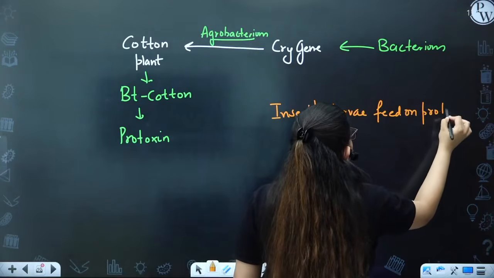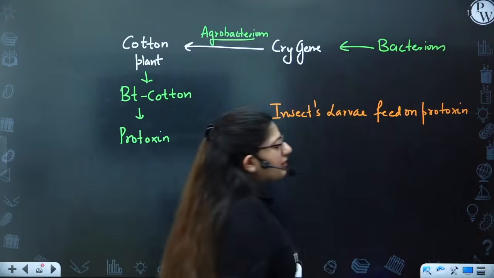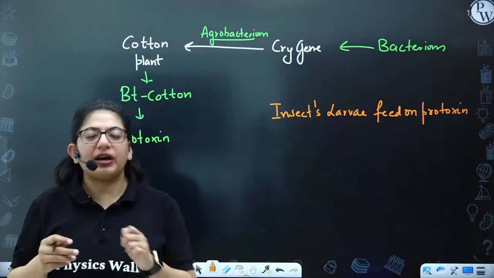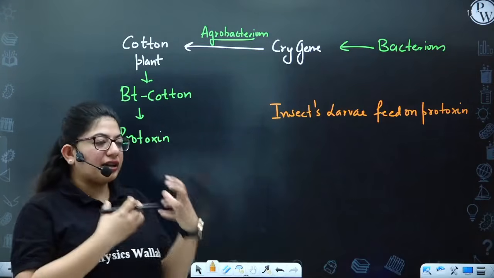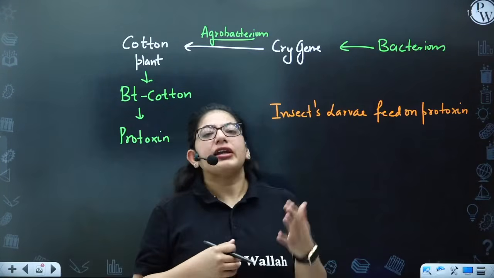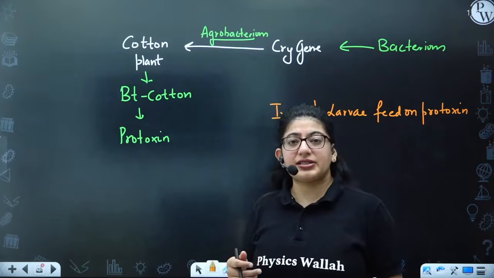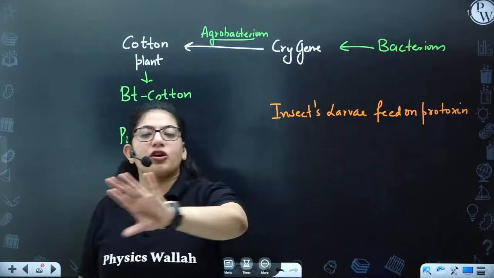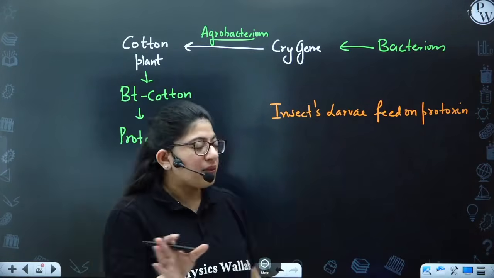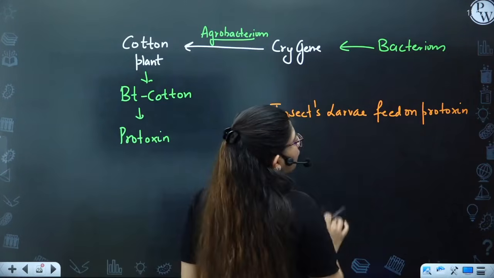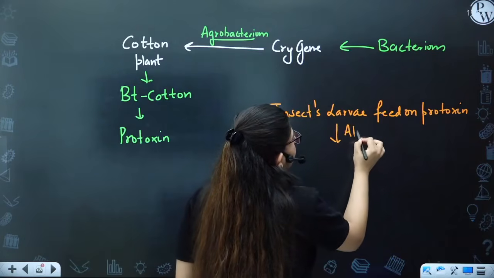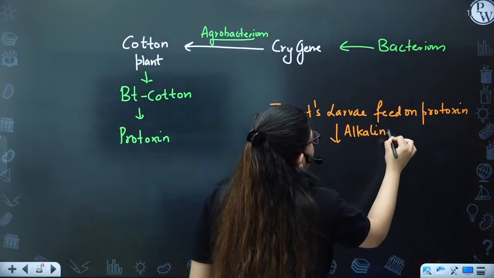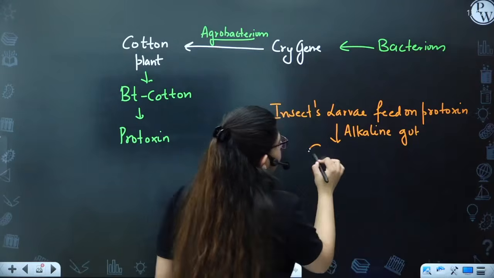When it feeds on protoxin, its gut has an alkaline environment, unlike that of our gut. Our gut's starting environment is always acidic. Like in the mouth we have saliva, that's slightly acidic. In the stomach it's hugely acidic. So that's why this protoxin cannot harm us. So when the insect larva feeds on a protoxin, the alkaline nature of the gut will convert it into endotoxin.